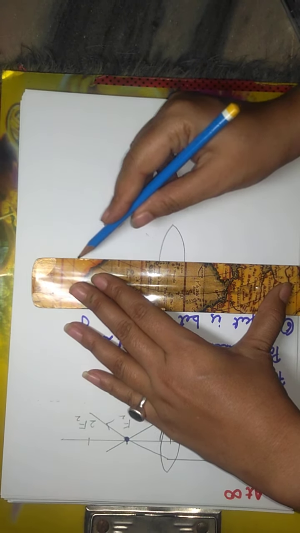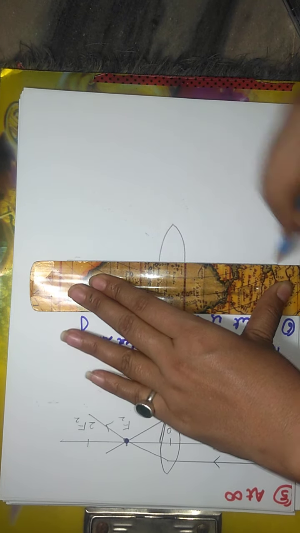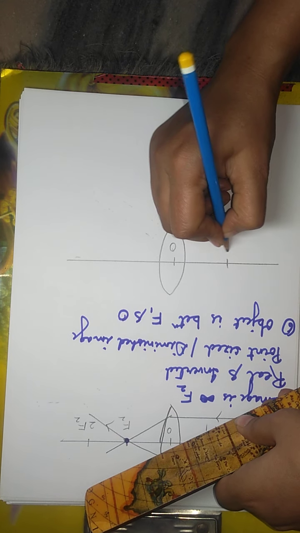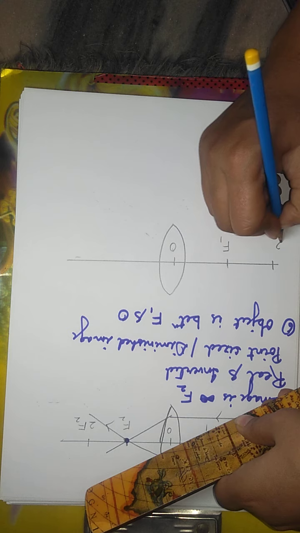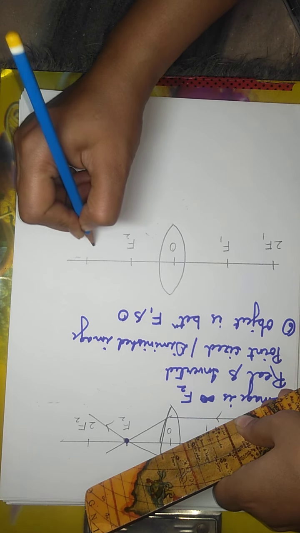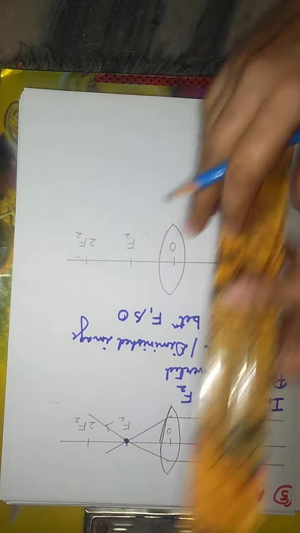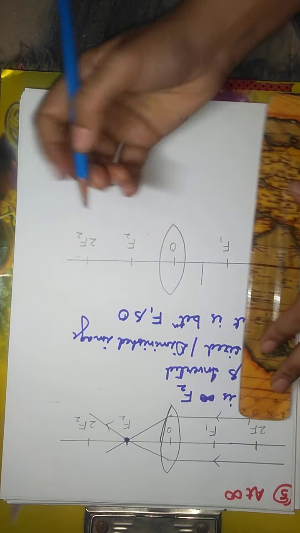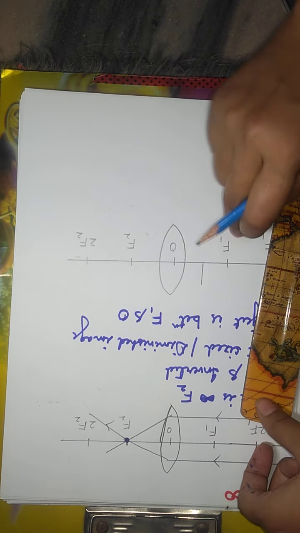So now this is the principal axis, this is the optical center, this is the first focus, this is 2f1, this is f2 and this is 2f2. Now the object is between O and f1.